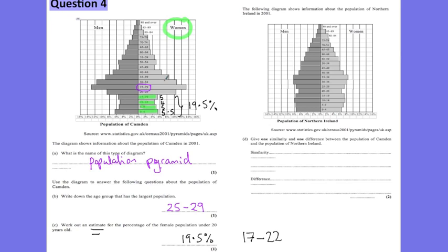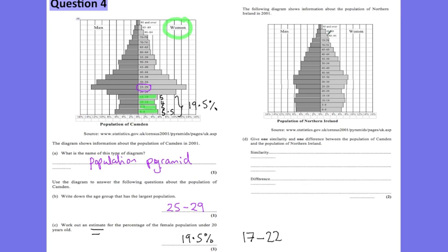The first thing that you will notice that is the same about Northern Ireland and Camden is when we look at the top end of the pyramid at the older age categories, the women's bar here is always larger than the men's. The women's here is larger, larger, larger when comparing.